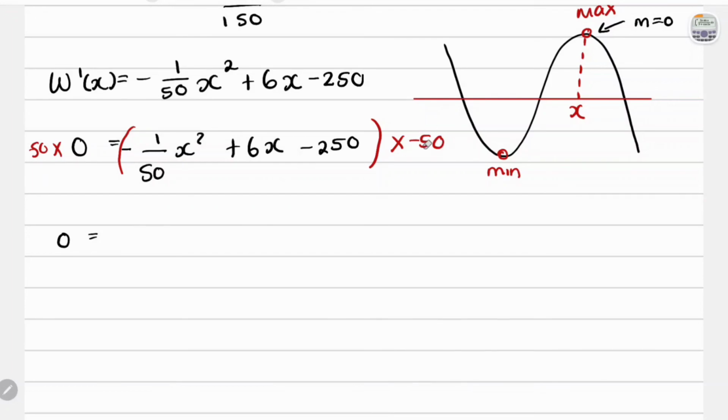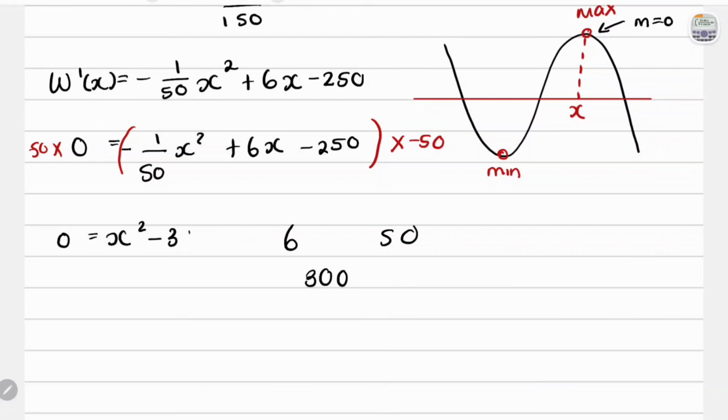Then when we're multiplying here, negative 50 times negative 1 over 50: you see, this is on the numerator, so you can cancel diagonally, and you're just left with 1. So really you're left with x squared. And then we have 6x multiplied by negative 50. So it's going to become negative first of all, and 6 times 5 is 30, and then you just put your 0 there.